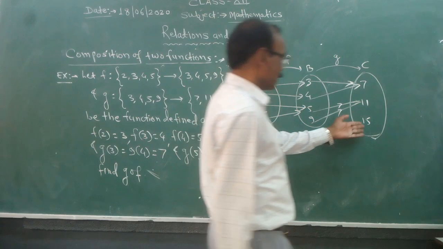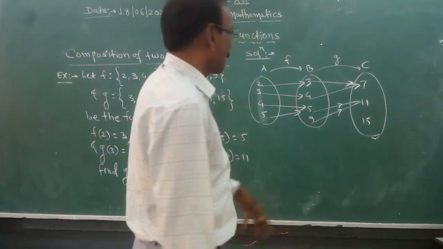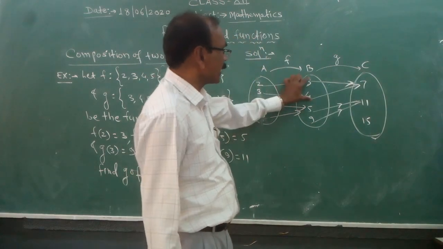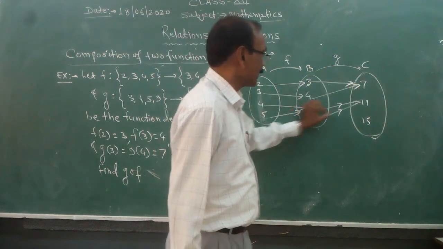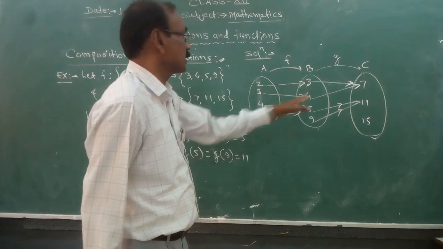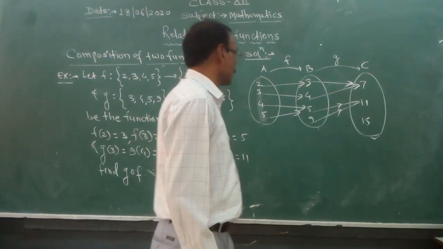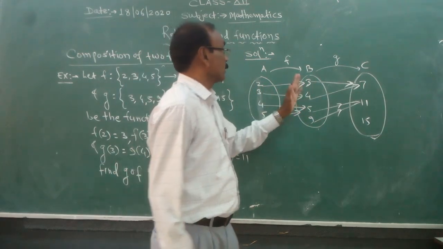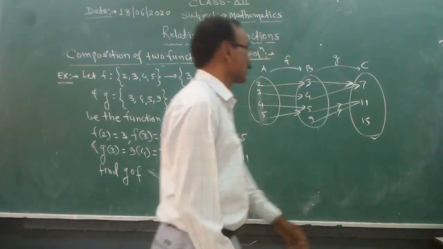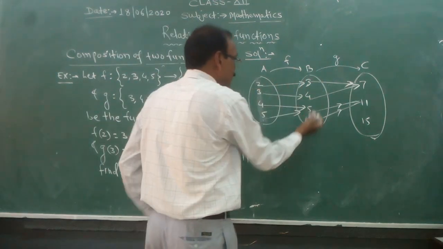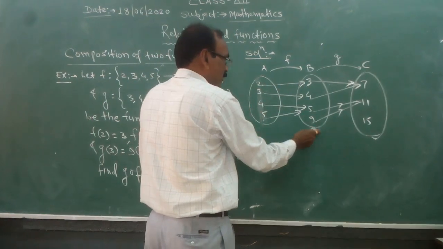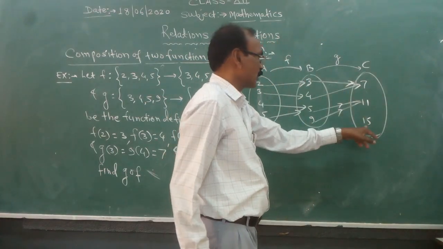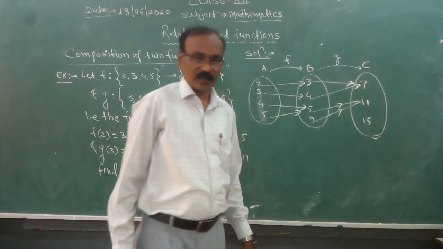Here 15 is left, no problem. So from B to C it is a many-one function, many numbers relating with one number. Here, from A to B, it is a one-one function. The function f is also not onto because 9 is left here. From B to C it is also not onto because 15 is left there.